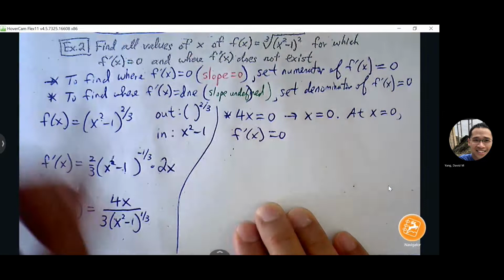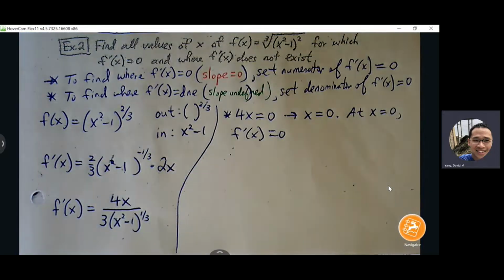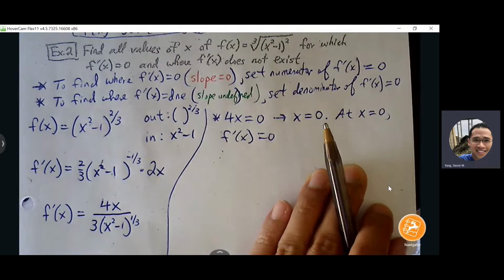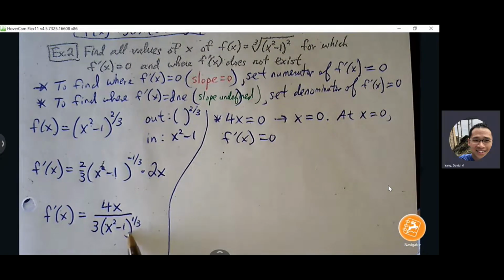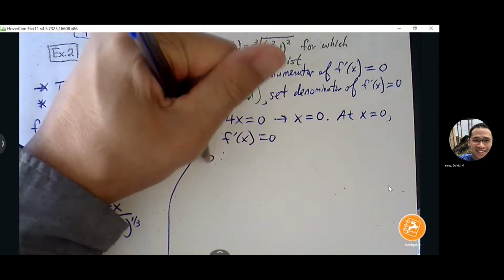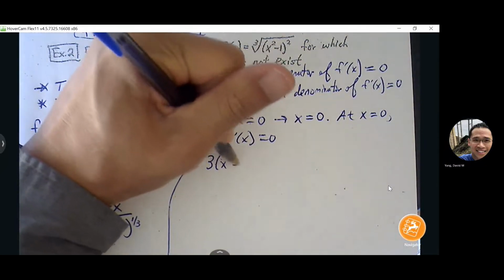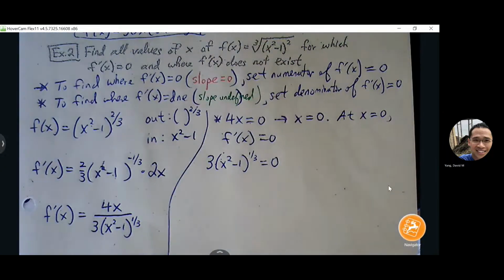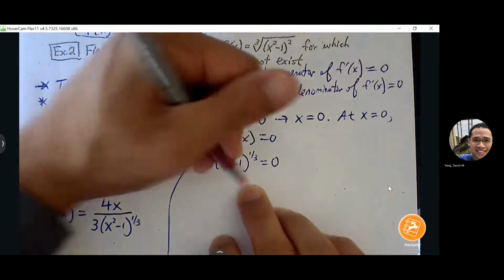Okay. Next up, we also want to find out where slope is undefined. So where do we look for slope undefined or potential sharp points on the graph? Denominator of the derivative equal to 0. Okay, I want to solve for x. A couple of algebraic steps I need to take. How would I start this process to eventually solve for x? Divide by 3, right?